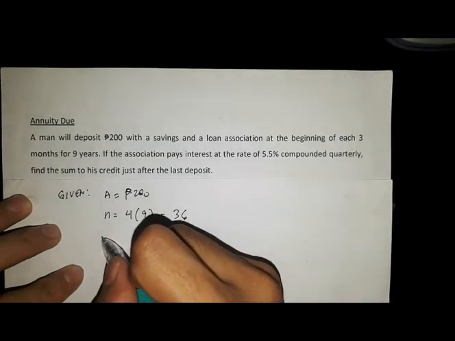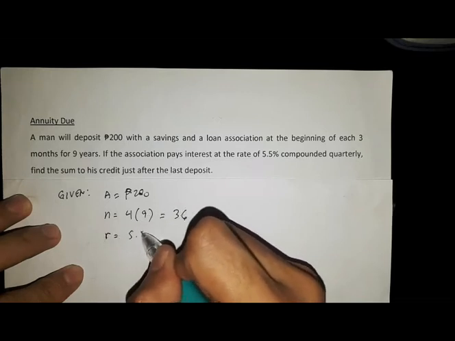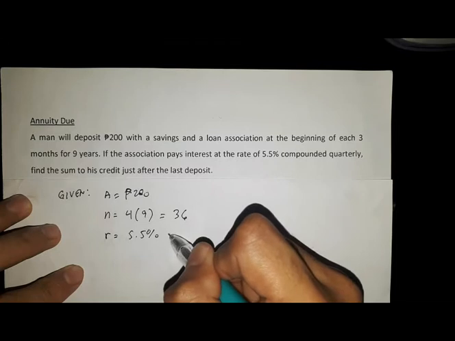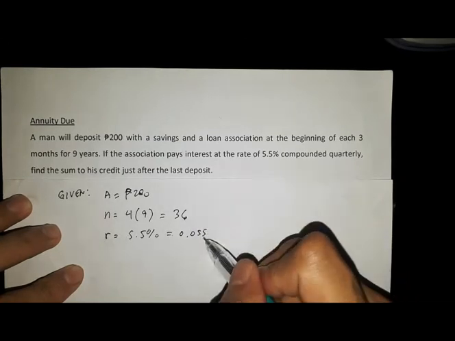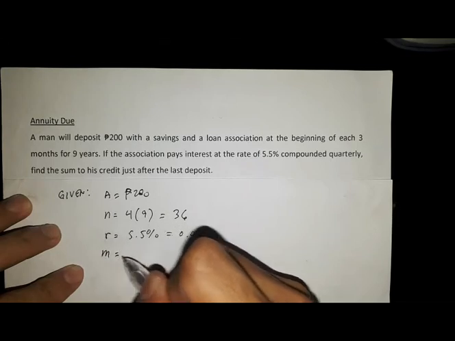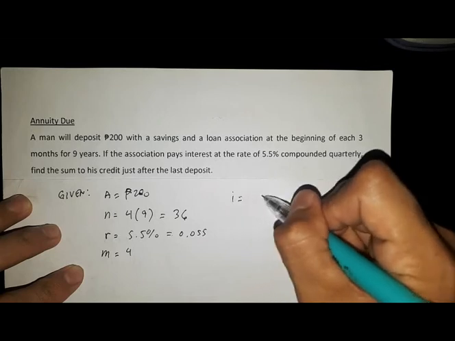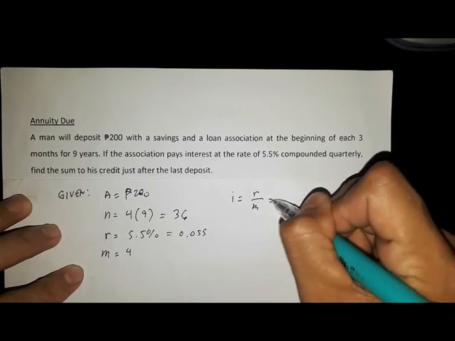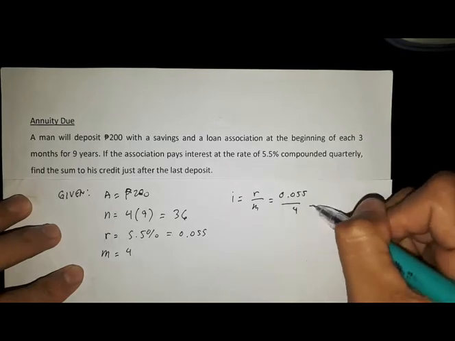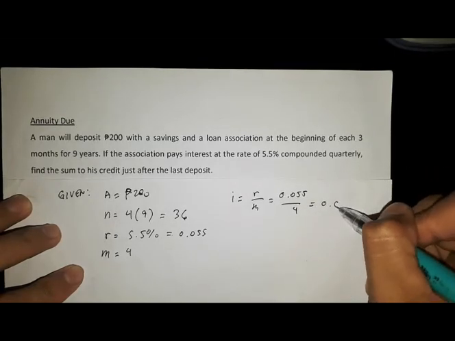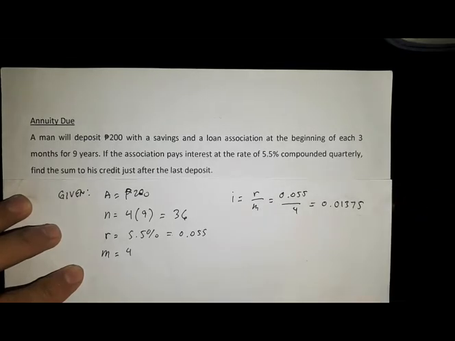Now, the nominal rate of interest is 5.5% or 0.055, and it is compounded quarterly, therefore M equals 4, and I equals R over M equals 0.055 over 4 equals 0.01375.